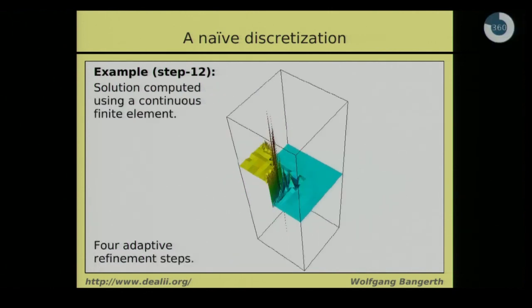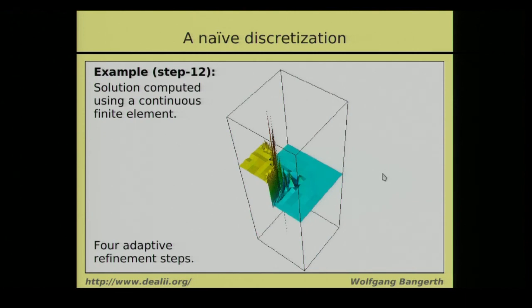And if I do this one more time, I get something that looks like this. And this is not a bug in my program. This is what happens when you use the standard continuous finite elements for the transport equation. So this is already not very good here, right? I have these spikes here that are very large compared to the height of the jump that I really want to see.